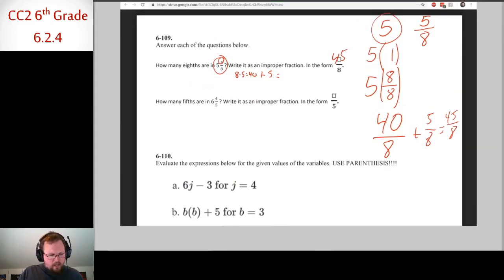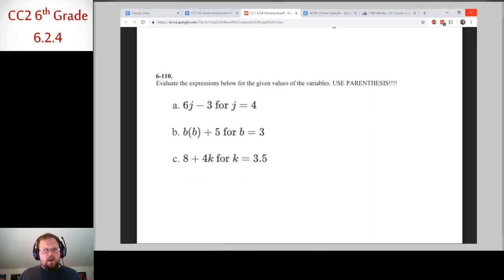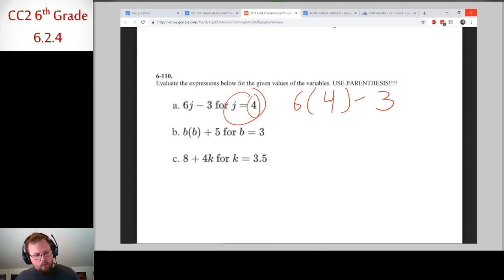Okay. On 6-110, when you go to evaluate an expression, use parentheses. So if I'm plugging in a value, j equals 4, I start with 6, parentheses where the letter j was, minus 3, and then I plug in that number 4. A couple of mistakes I saw recently.